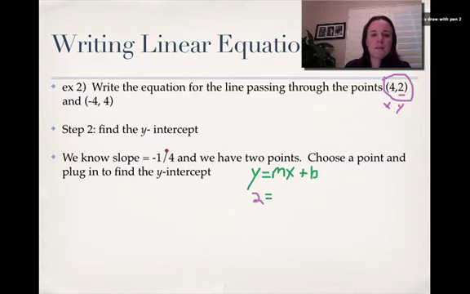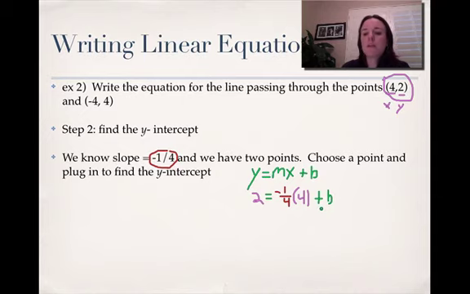We know that my slope is a negative 1/4. So that goes in here. Negative 1/4. Need to plug in an x value. I know up here my x is 4, so I'm going to plug that in. So I've got a 4. Remember, those are always timesing. And that's just plus my y-intercept.